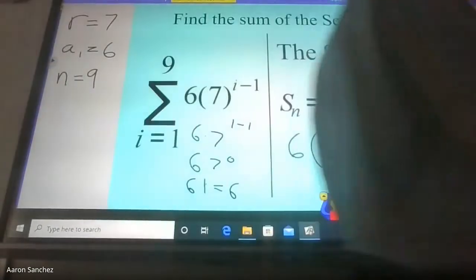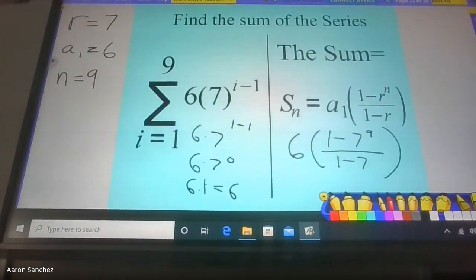I need a scientific calculator. We're going to try to calculate that out, 7 to the 9th, and then take away 1 from that.